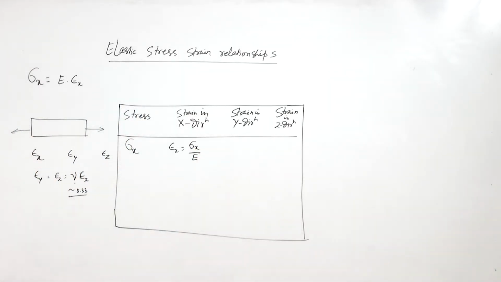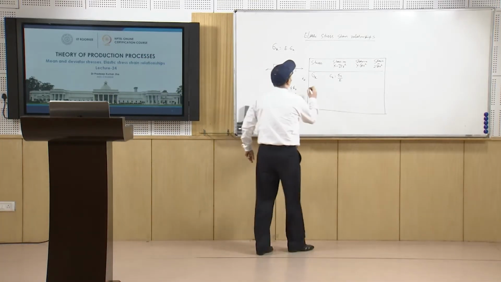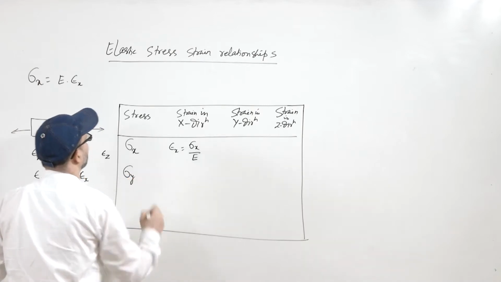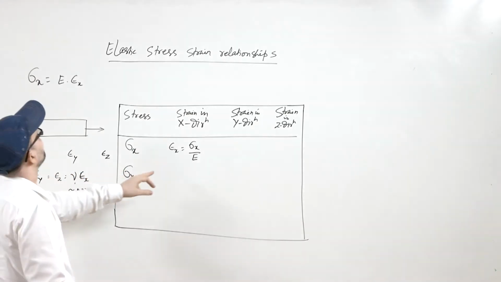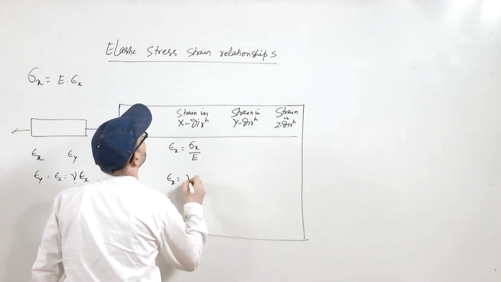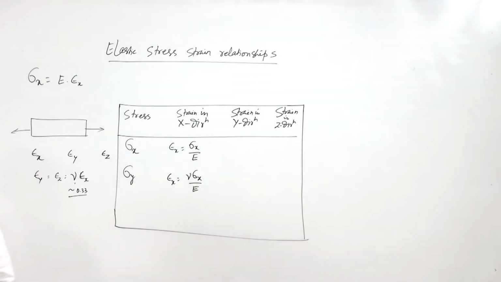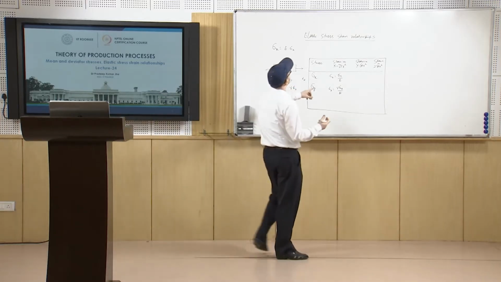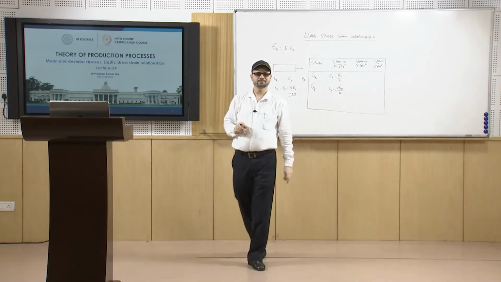Now, because of that, if you look at the sigma y, if you take this component, this will induce also a strain in this direction. So, for that it will be nu times sigma x by E. So, that is what we get, and since this is negative, we put it here as negative.